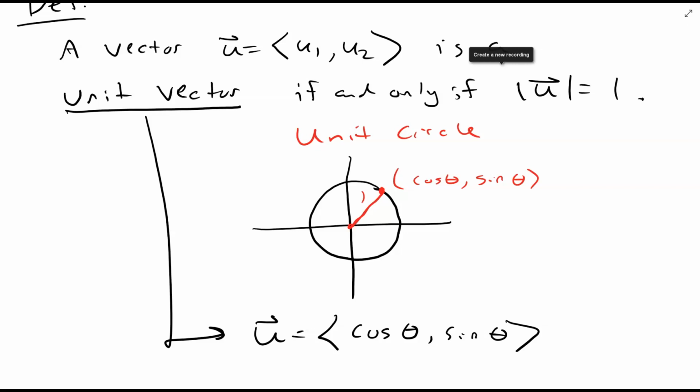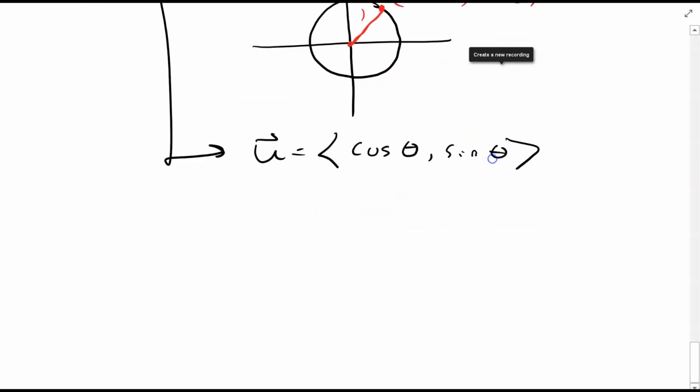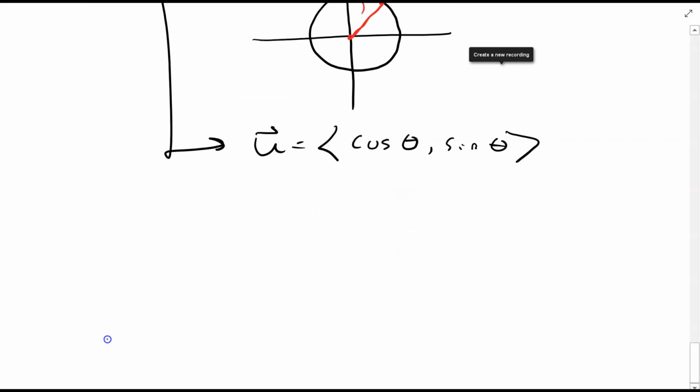Okay. So how do I take a normal vector and transform it into a unit vector? We're thinking about this vector u that has a magnitude of length u, and we want to turn it into this unit vector, I'll say that's just maybe v, that has a length of 1.